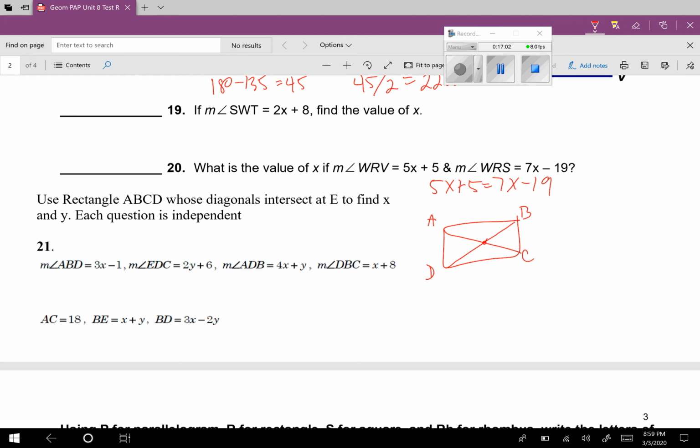Okay, the measure of angle ABD, this one right there, is 3x minus 1, and EDC, so this one right there, that's equal to 2y plus 6, and then the measure of angle ADB is 4x plus y, and then DBC is x plus 8.